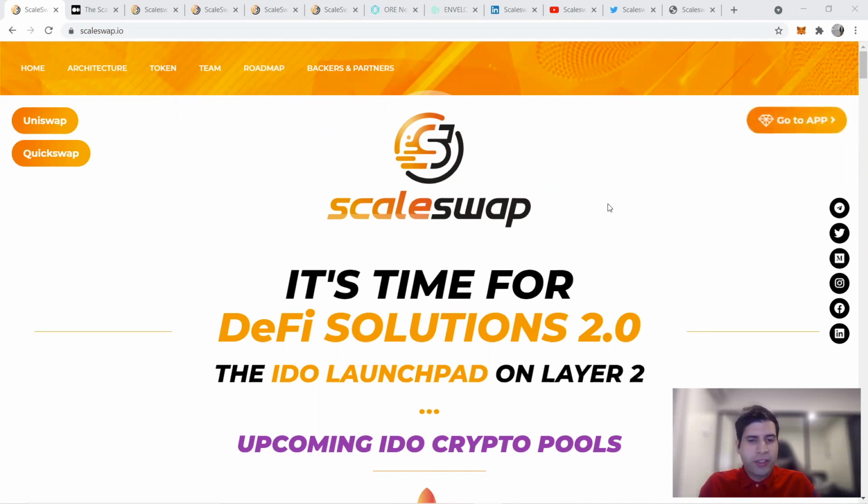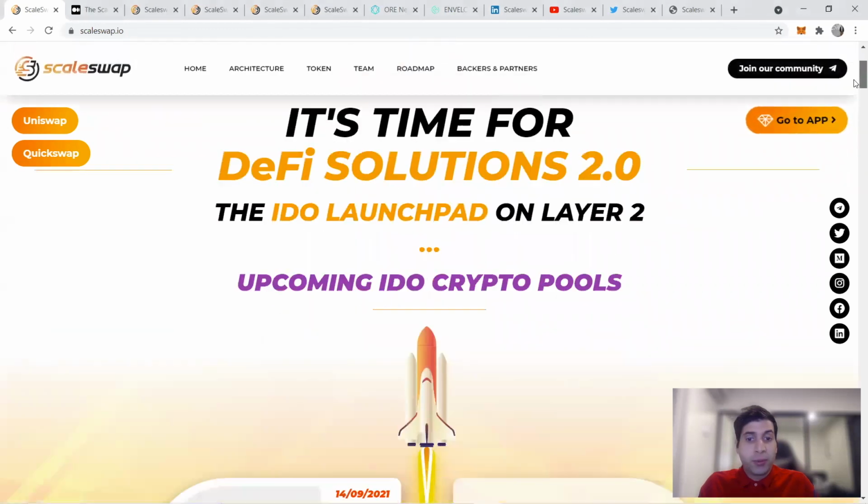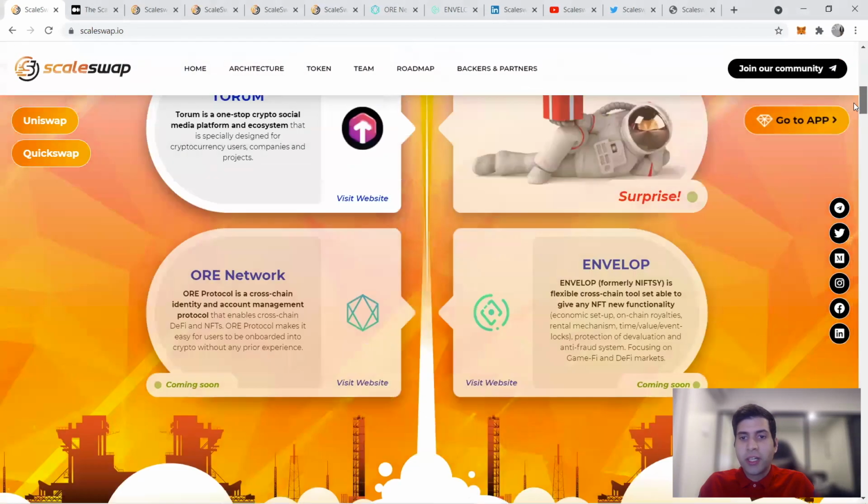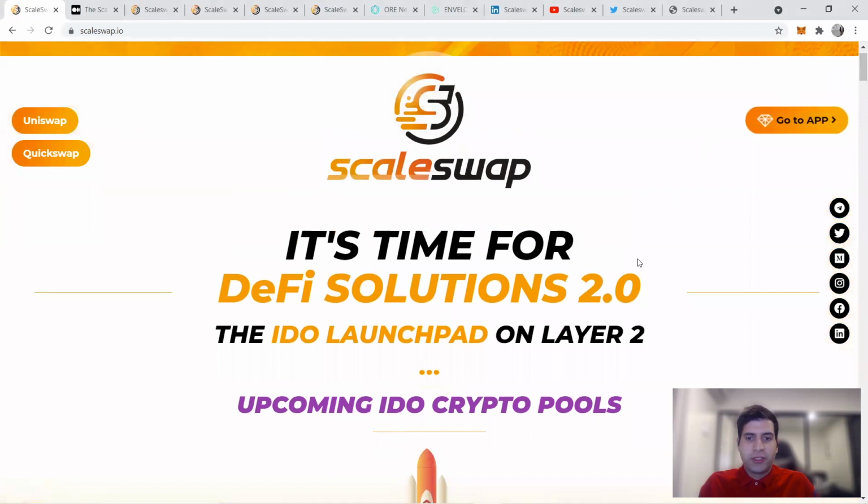Scaleswap launched around 2.5 months ago. Basically they are on the Polygon layer right now, and in the roadmap they're going to move to other chains such as Solana and others. The way it works is they have a partnership with Bioeconomy that allows them to launch without any gas fee. So you participate with the amount of Ethereum that you're required to.